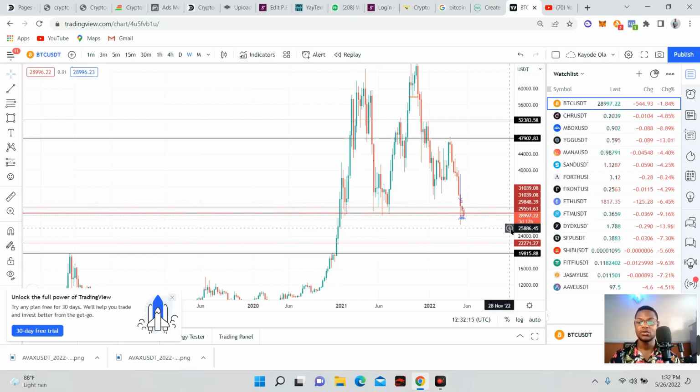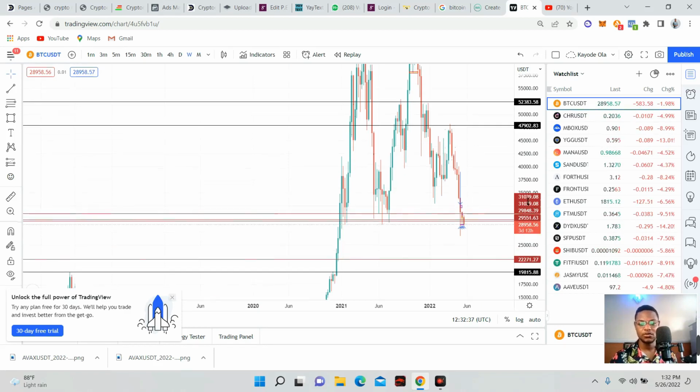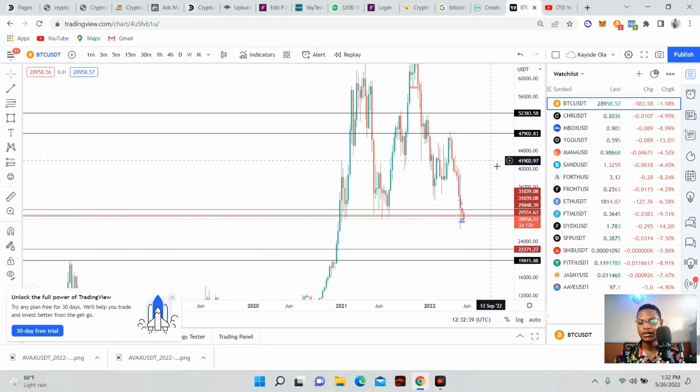We have different types of traders. We have the swing trader and we have the day trader. Day traders are people that buy and sell a particular coin just in a day, while swing traders are people that can buy and then hold it for like 1 day, 2 days, 3 days, 1 week. Those are swing traders. Now in this market, you can trade cryptocurrency by being one type of trader, so it depends on you.